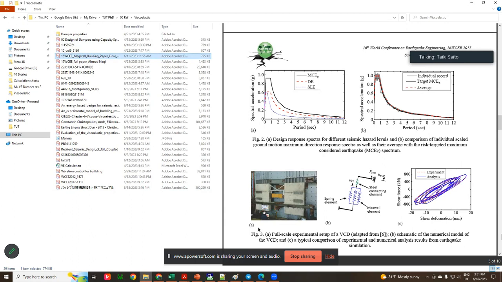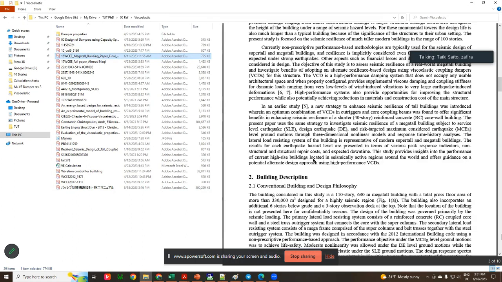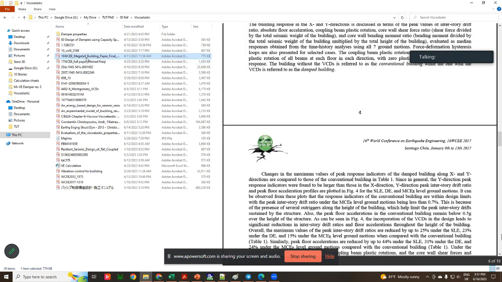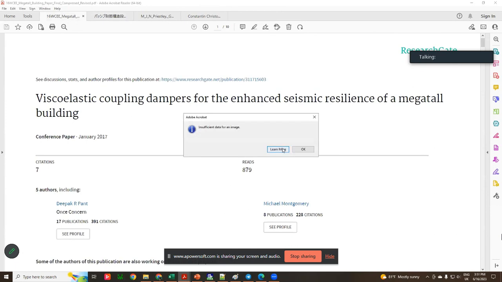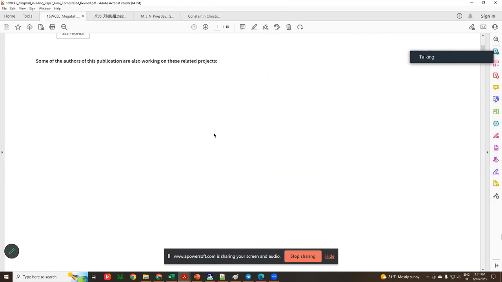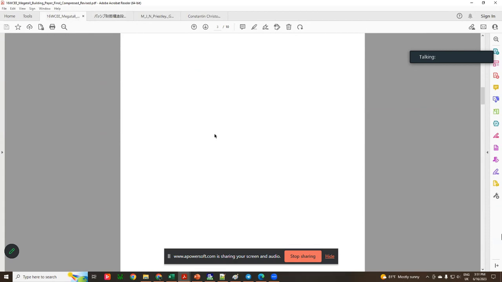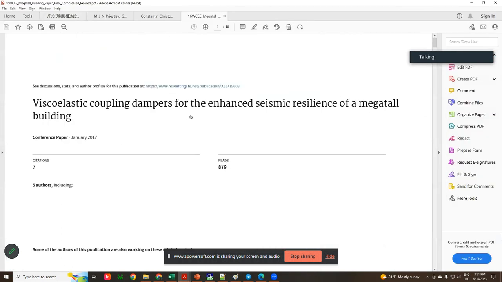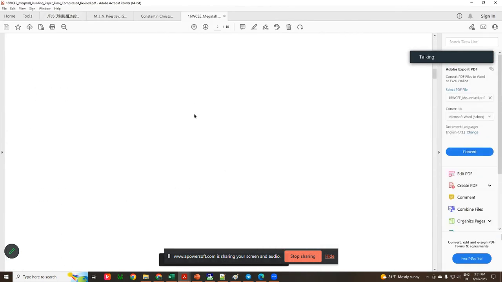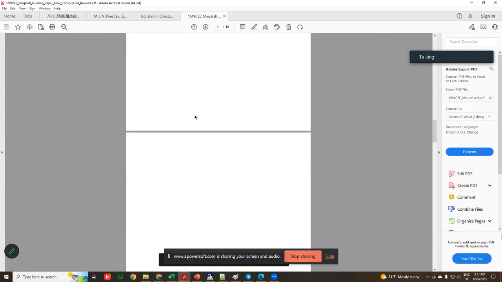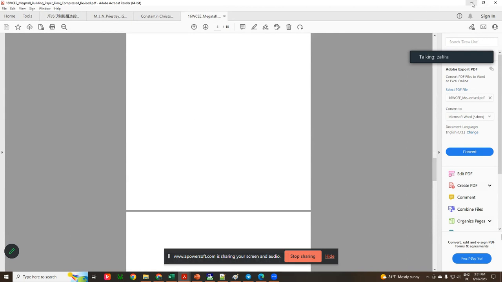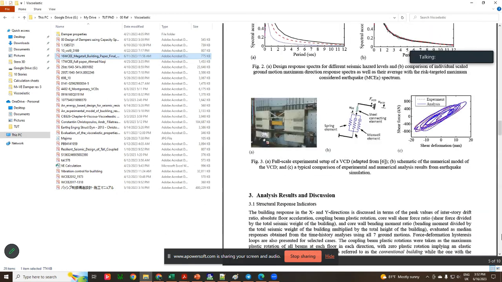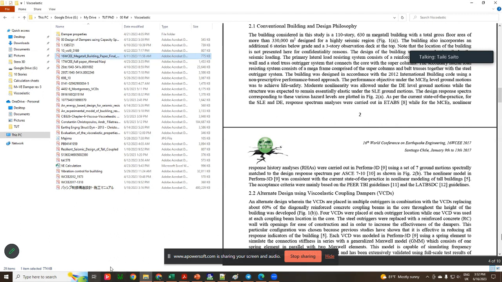How much is the size of this damper? I think my PDF doesn't work. Okay, please check.